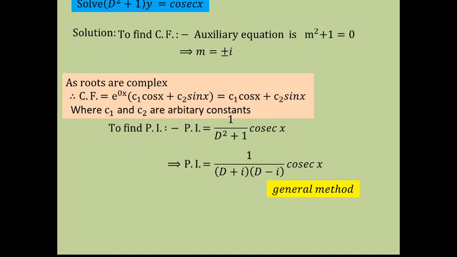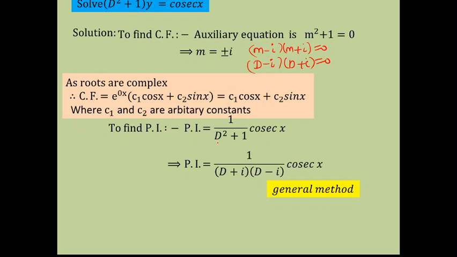So the roots of the auxiliary equation are m equal to plus i and m equal to minus i. Therefore the factors will be m minus i and m minus of minus i, meaning m plus i, equal to 0. Replacing m by D, so D minus i and D plus i, right, is equal to 0.